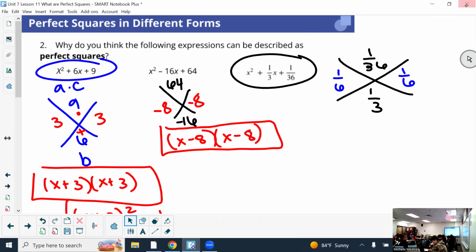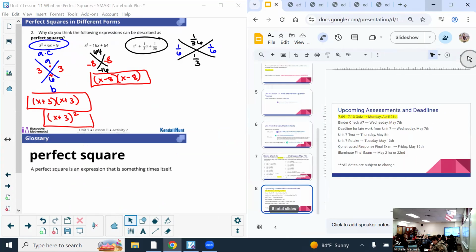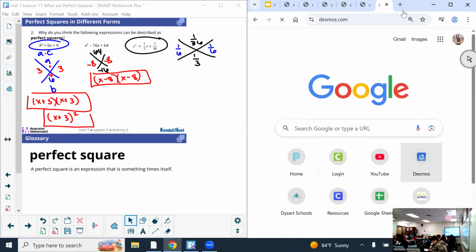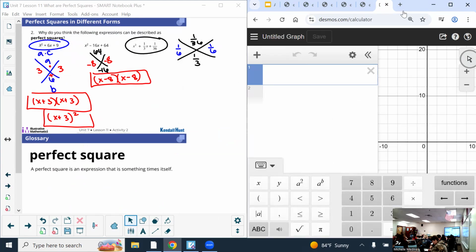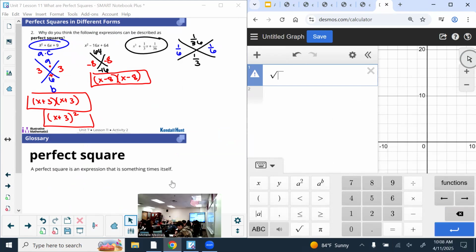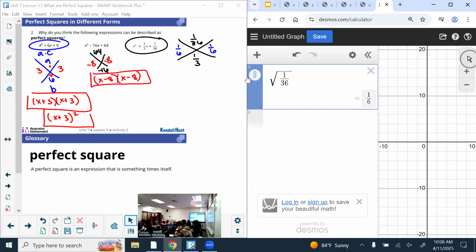And I do think, like, if that's so hard for you, I do think the calculator will work for square rooting that fraction. If I square root 1 over 36, it'll tell me the decimal, but I just press this button and it gives me the fraction. 1/6 times itself gives me 1 over 36.